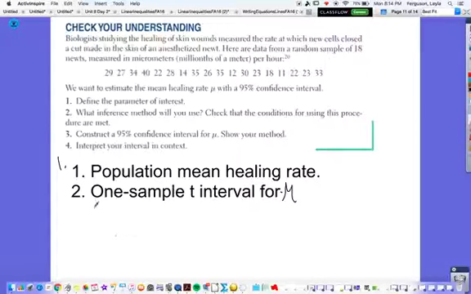To check that, you would have to check: is it random? You would have to check and see if it's normal. And you would have to check and see if it is independent.